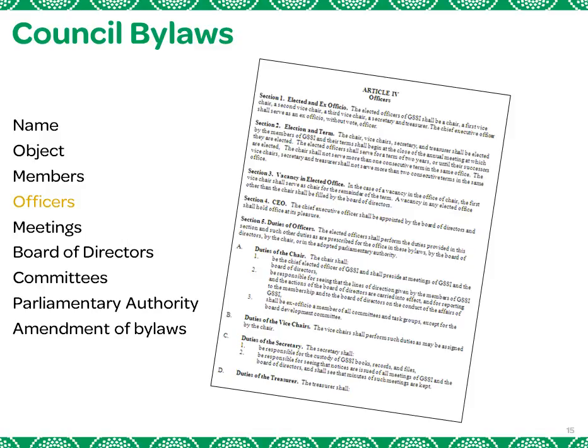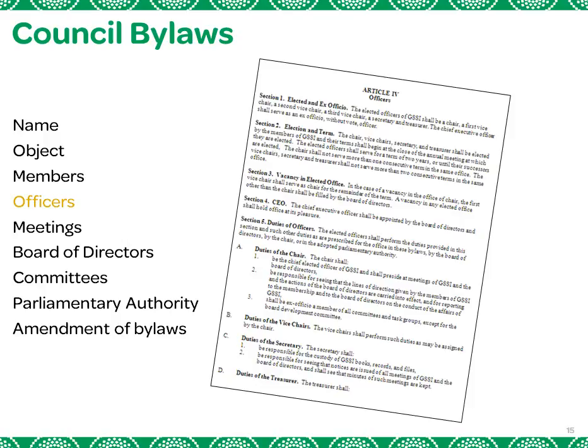Article 4 establishes the elected officers of GSSI as a chair, first, second, and third vice chairs, secretary, and treasurer. The CEO serves as an ex officio officer without vote. It also establishes term limits for the various officers. Section 4 notes that the CEO is appointed by the Board of Directors and holds office at its pleasure.